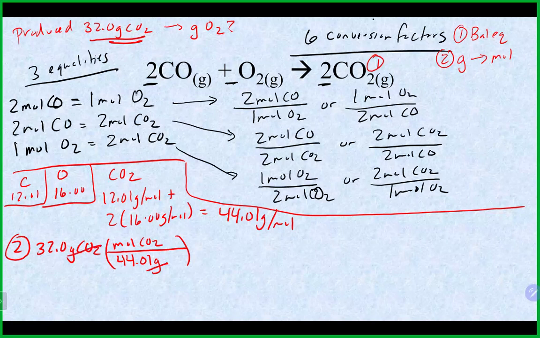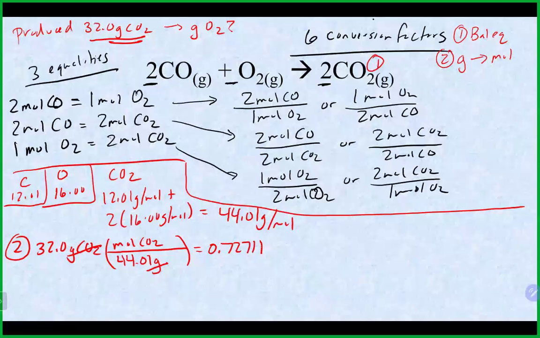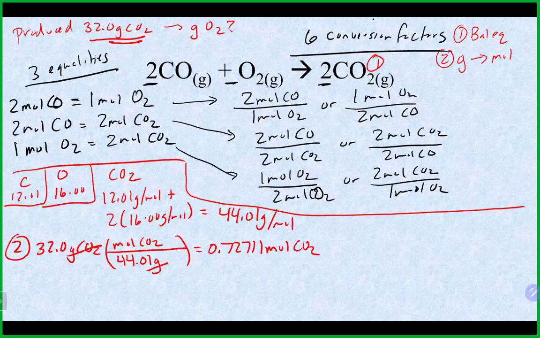The grams would cancel. You don't necessarily have to get a number at this point, but if you did, just so we can see all the individual steps here, you would end up with something like 0.72711. I'm not going to round just yet. I'm going to kind of keep a couple of digits. First off, any questions on that part of the calculation?